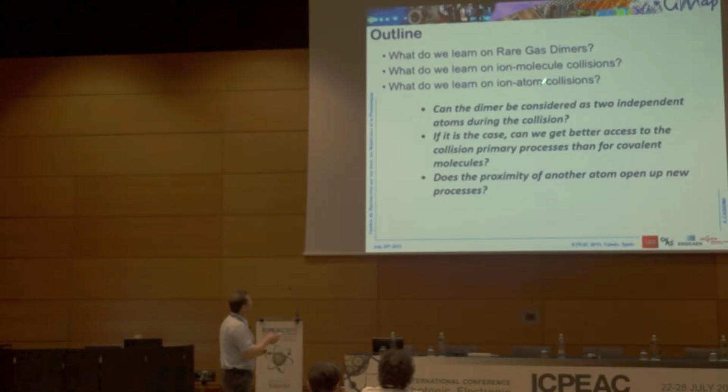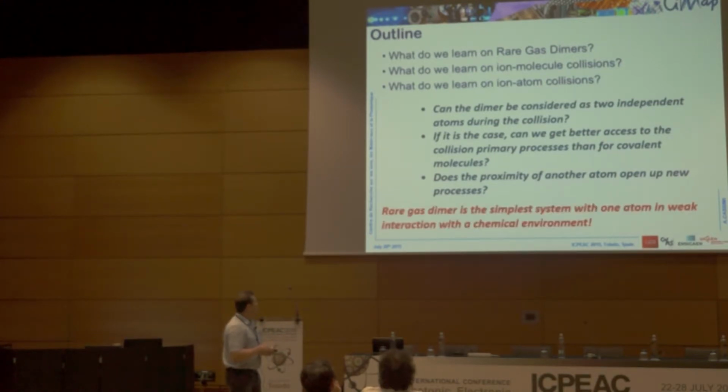And finally, concerning the ion-atom collisions, does the proximity of another atom lead to other processes which would not happen in ion collisions with a single atom? Just to stress this last question, you should remember that rare gas dimers are the simplest system with one atom in a weak interaction with the chemical environment.